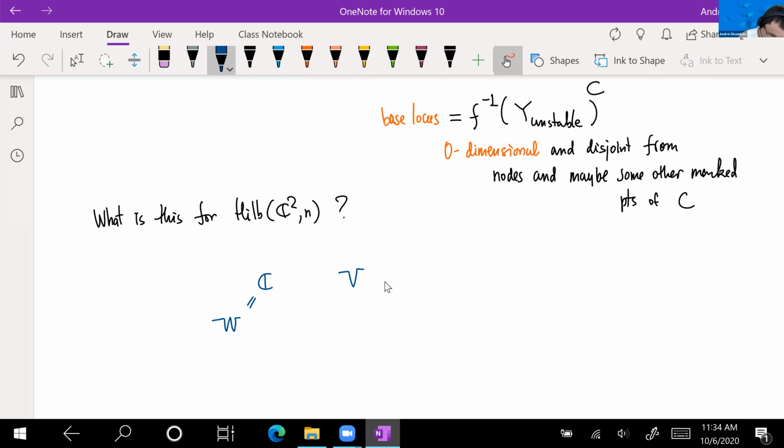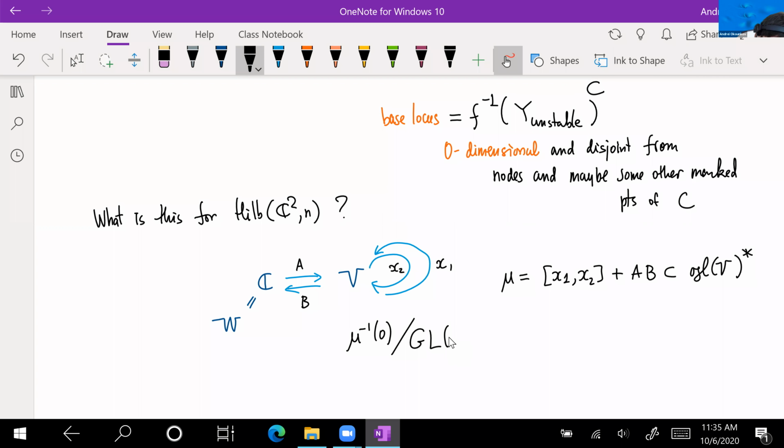Call the maps A, B, X1, X2. And then the moment map equation: the commutator of X1 with X2 plus AB, an element in gl(V) dual, is equated to 0. And we take the quotient by GL(V).